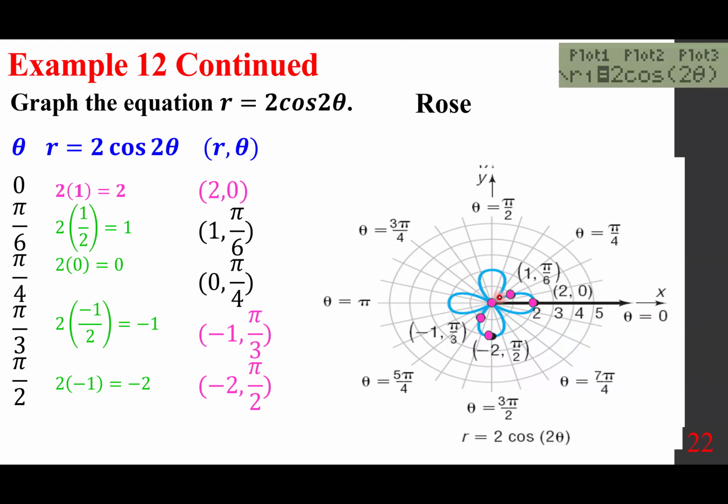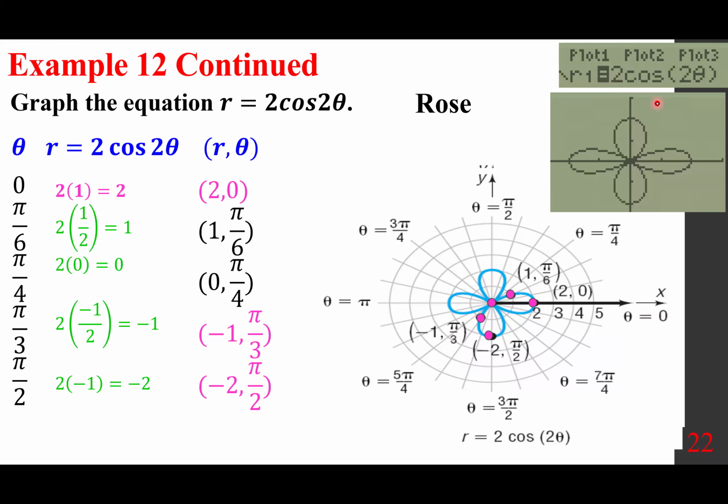If you go with a graphing calculator and put that in polar form, the mode must be polar, and you put 2 cosine 2 theta, it gives you a graph similar to this.